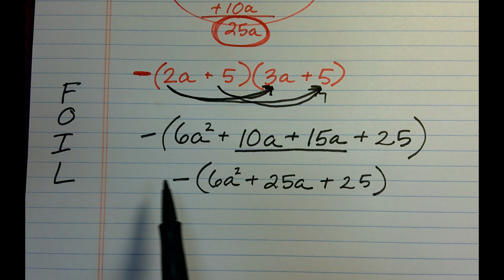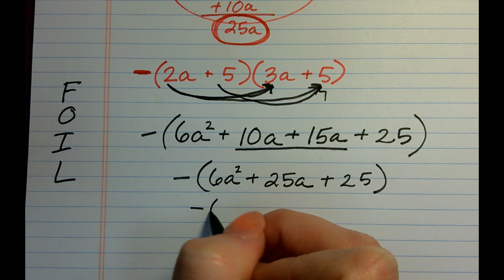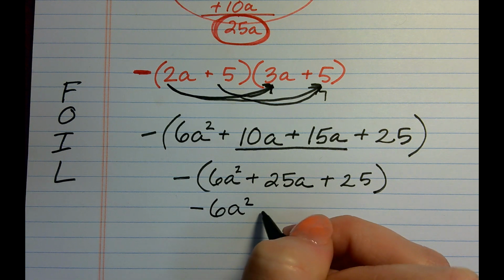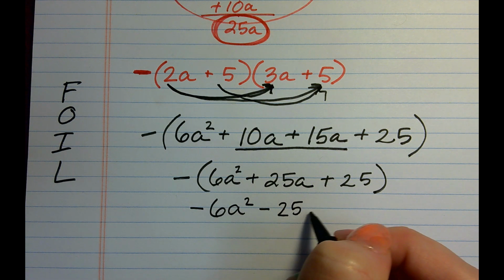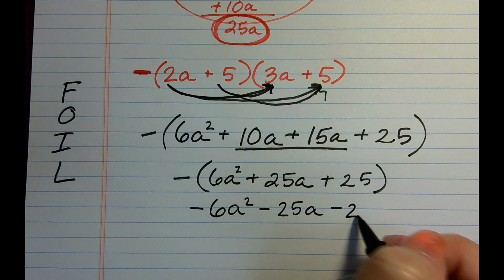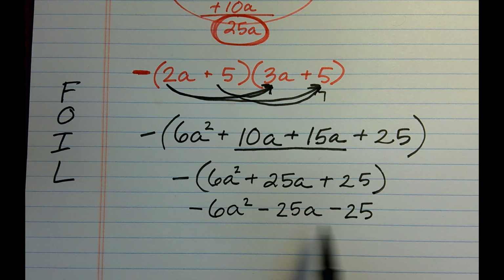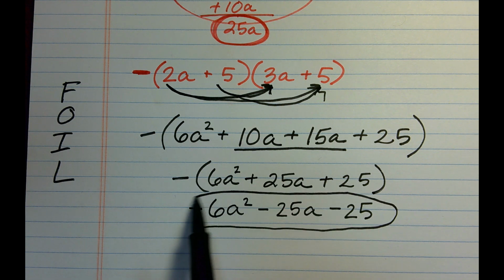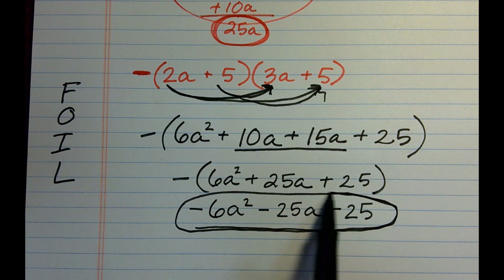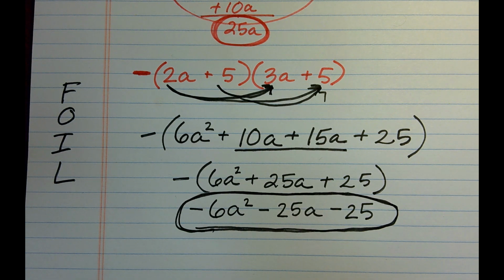And then if we really wanted to, we could distribute that negative, which would give us negative 6A squared minus 25A minus 25. And is this the same problem that we started with? It is. So that means we did it right.